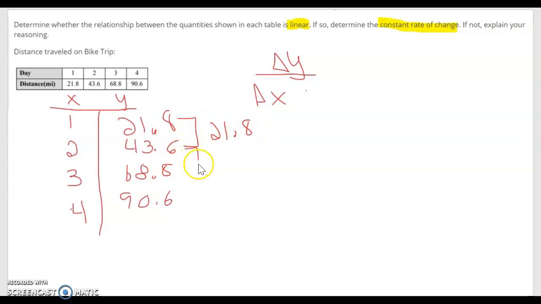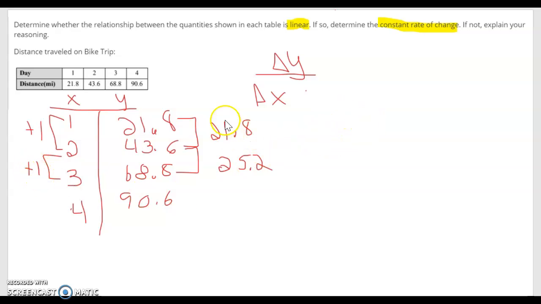When I subtract 68.8 minus 43.6, I get 25.2. They're different, but I'm going to check because it's the ratio of the change of y over the change of x. I'm going to see this as plus 1, and this as plus 1.